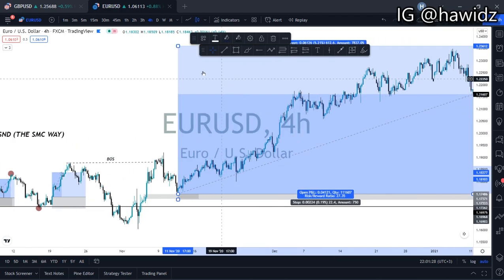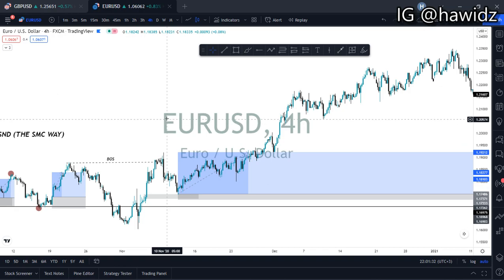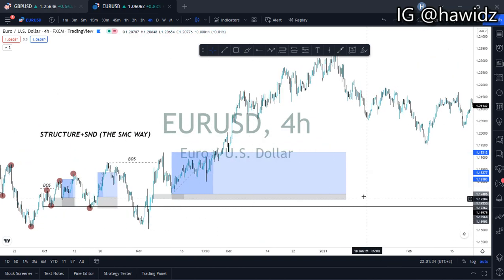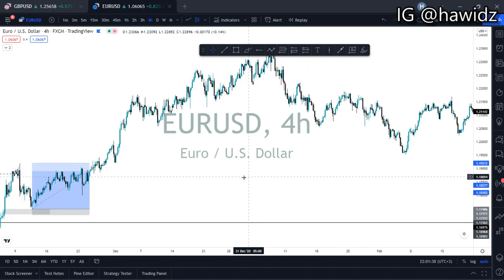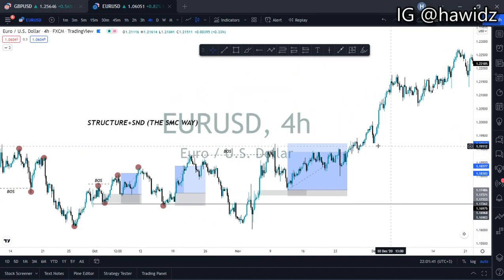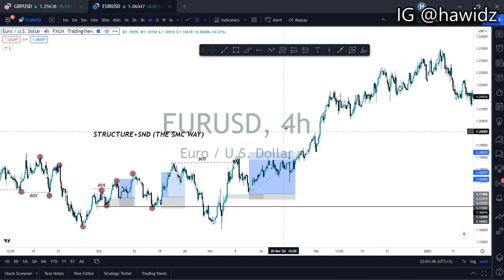But if you just wanted to close at this target area, I mean your first target, it's all up to you. I mean, you're the one who's managing your account, you're responsible for everything that you do, right? So there, this is an example of how we integrate these two things to make the best out of these charts: structure and supply and demand, of course.